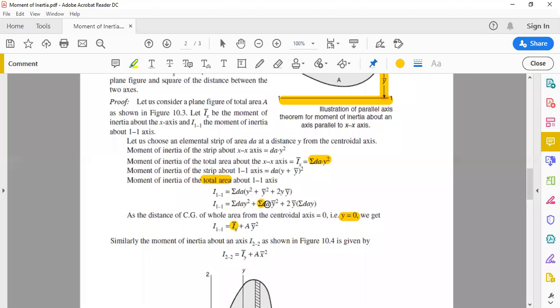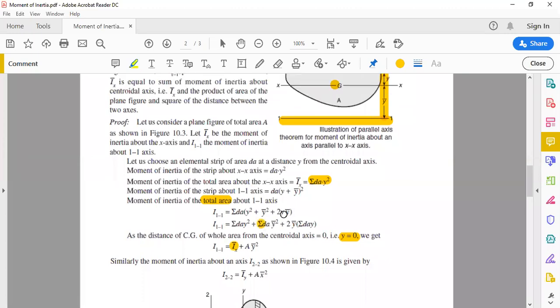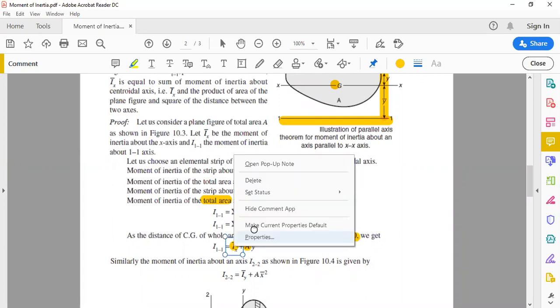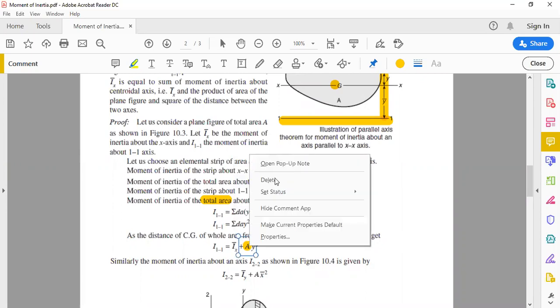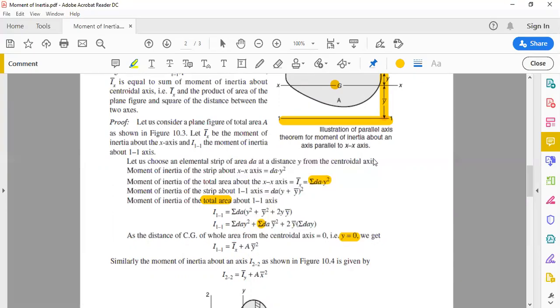Sigma dA is nothing but capital A. As I told you, many such elemental areas combine to form the total area A. And y bar square remains as it is. So this is the proof for the parallel axis theorem.